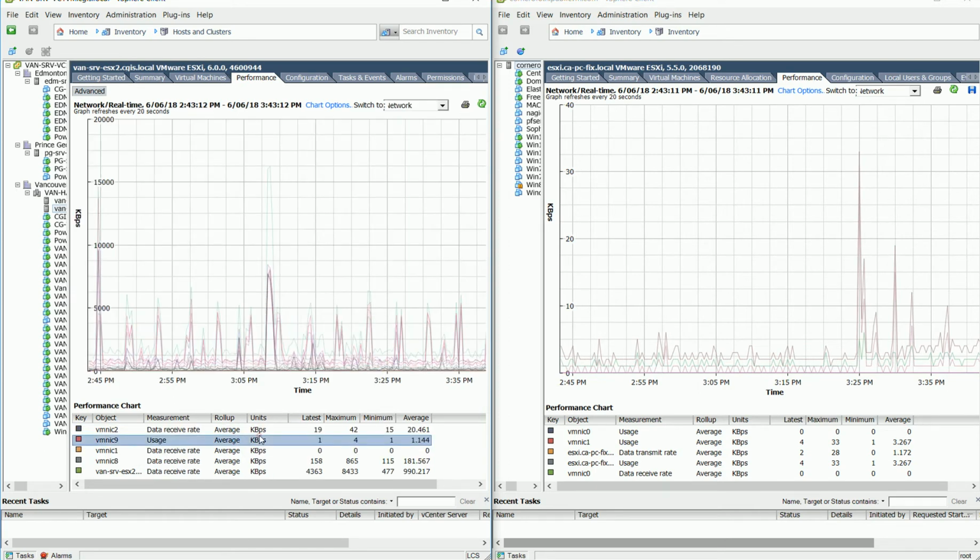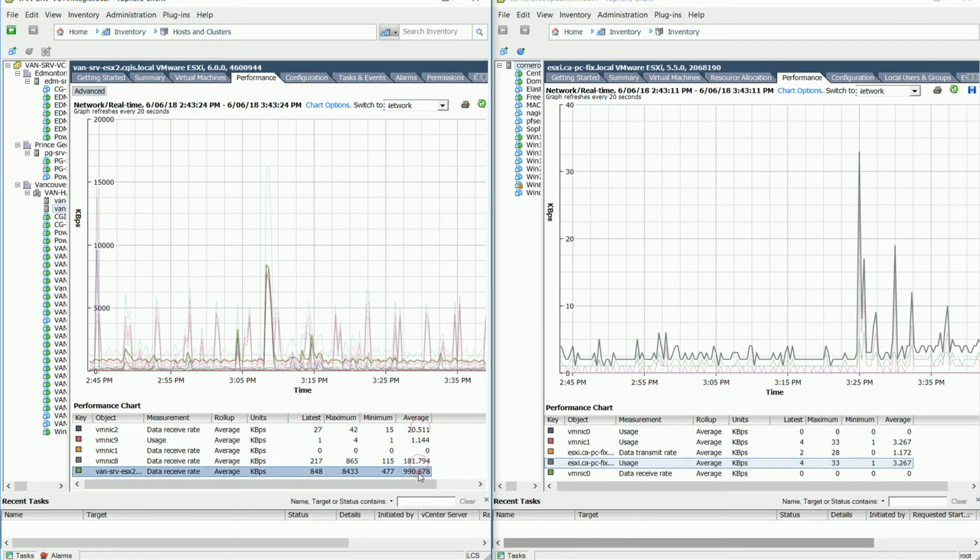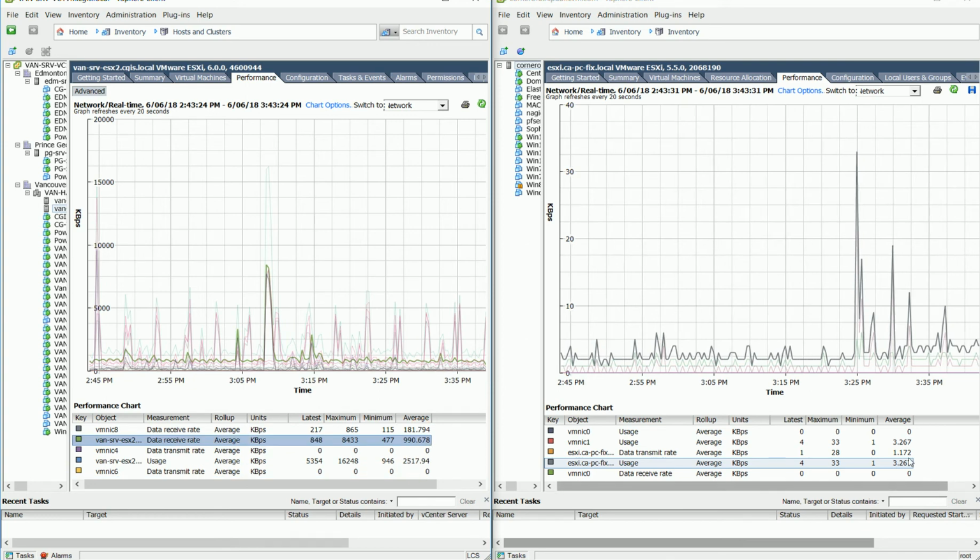If we go here, you can see usage. The usage is very low here, but on these production servers, some usage is quite high, average 990.